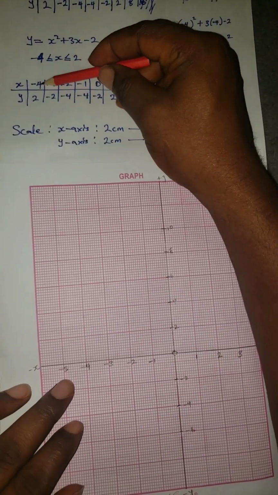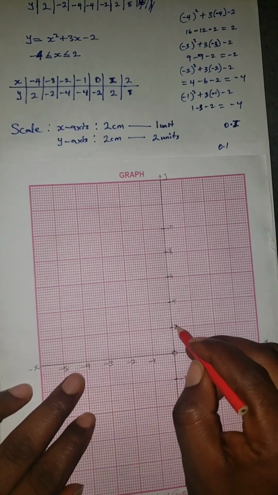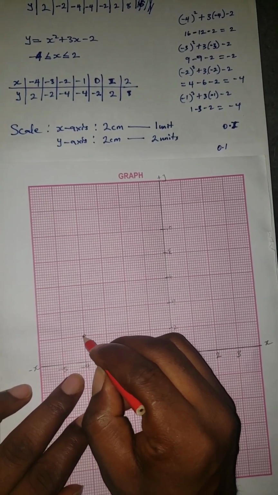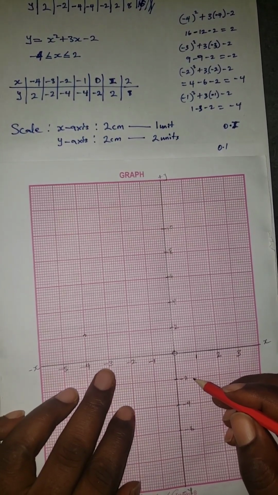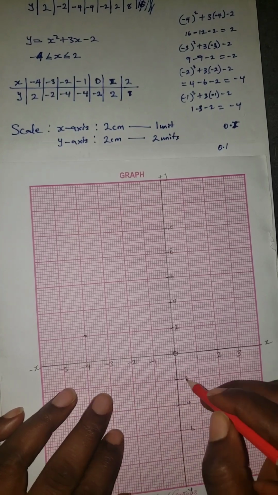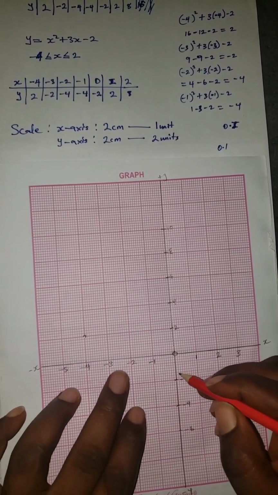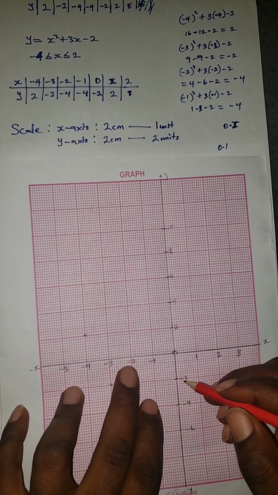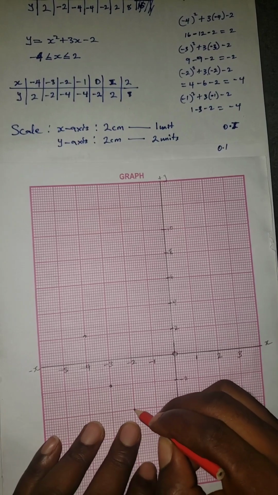When s equals minus 4, y equals 2. So here is minus 4, here is 2. That's our point here. When s equals minus 3, we have minus 2. So here is minus 3, here is minus 2. We have our point here. When s equals minus 2, y equals minus 4, which is at this point.